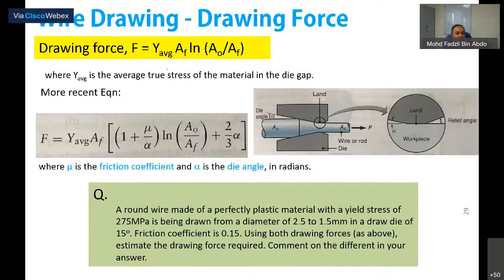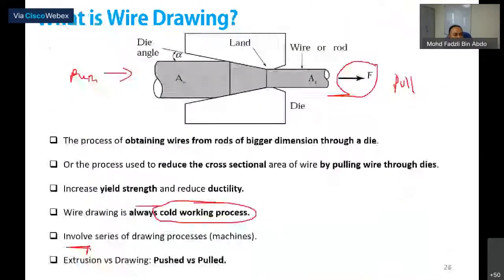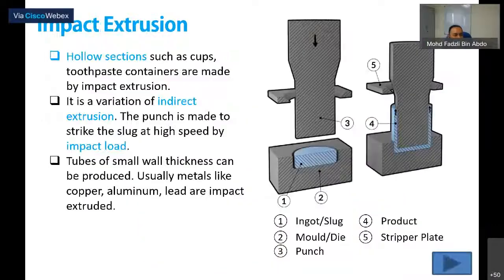Okay, tadi kita ada extrusion force, sekarang kita ada drawing force. Equation dia sama saja.